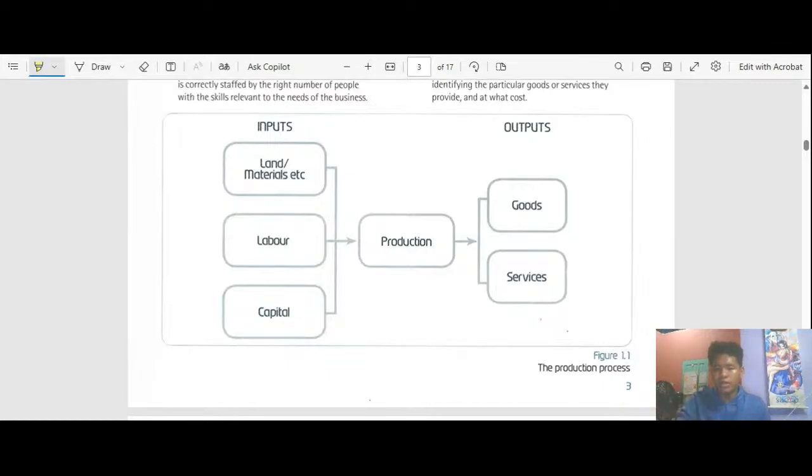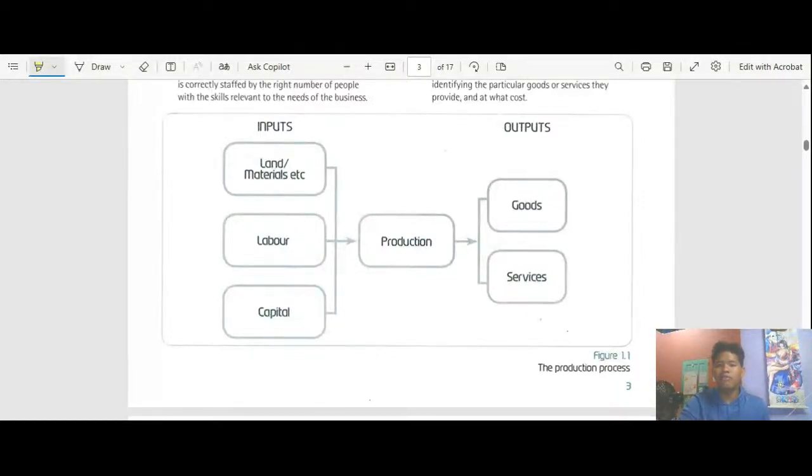The entrepreneur is the person that coordinates and actually helps the functions in the production process. They gather the factors for the production process to take place, and the entrepreneur is basically the boss of the business, right? They are the persons that make the investment for the business to start.